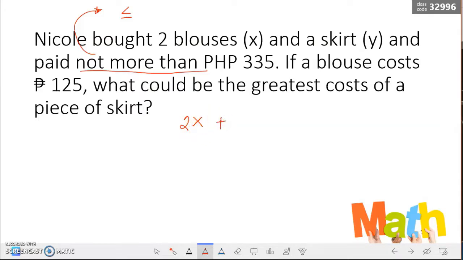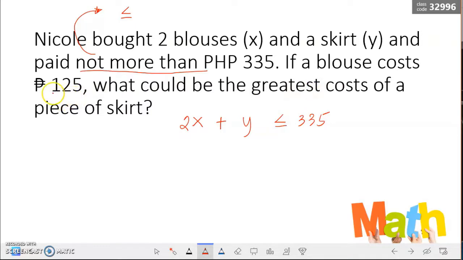Plus, of course, we add, because when paying, we total how much everything she bought costs. A skirt, just one skirt, so y, not 1y. 1y is okay, but the proper way of writing it is just y. So y is the price of the skirt. Not more than, so less than or equal to 335 is what she paid.